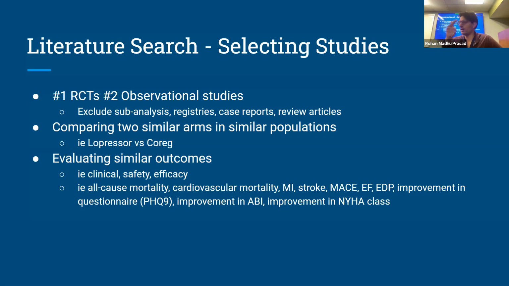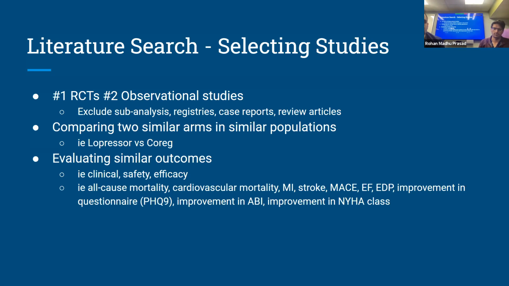A registry, how do you explain the registry? It depends on the registries. Not all registries can be included or excluded. The idea from all of these studies is that the second point is more important, that you need two similar arms in the study.